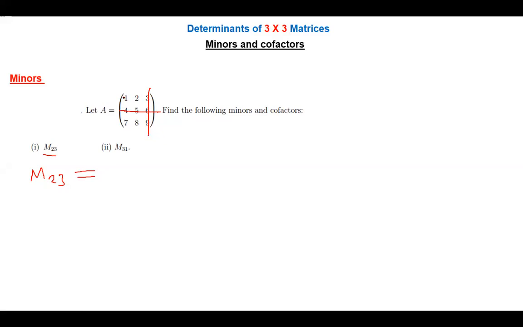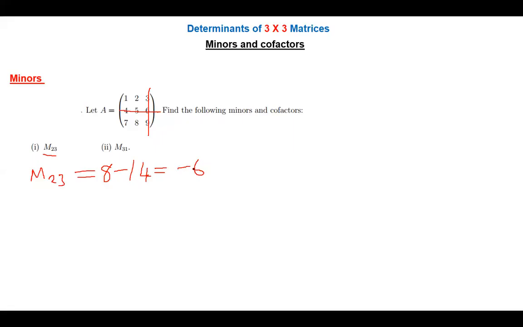So the remaining numbers are the ones that you're going to use to find the determinant. So we're going to multiply 1 times 8, you get 8, and you write the minus in advance, and then multiply 7 times 2, you get 14. So the minor there will be 8 minus 14. So 8 minus 14, you get negative 6.